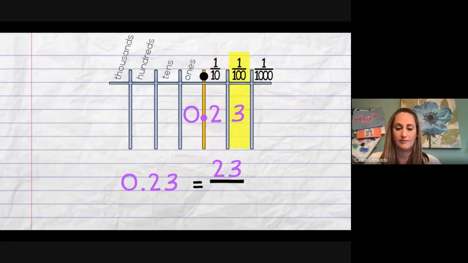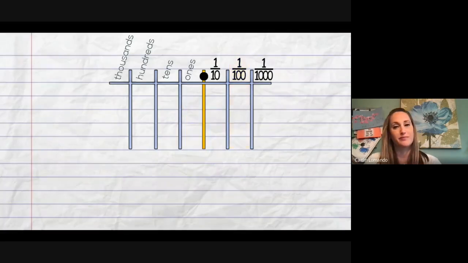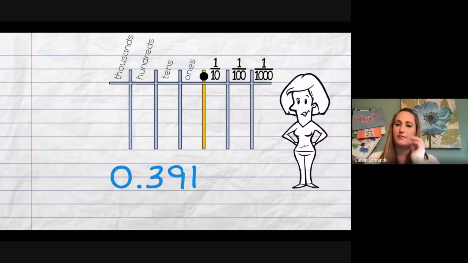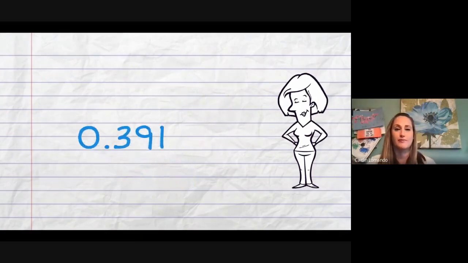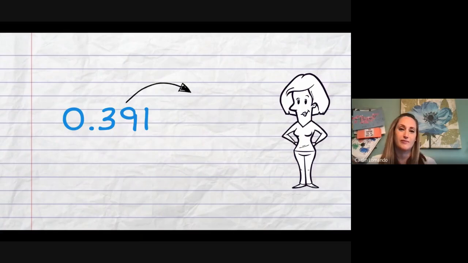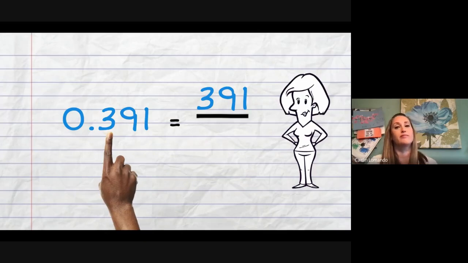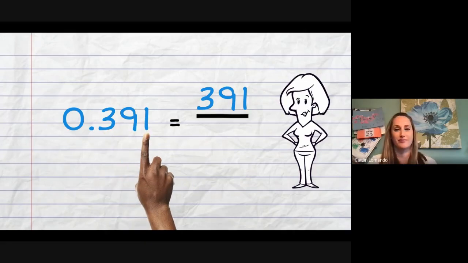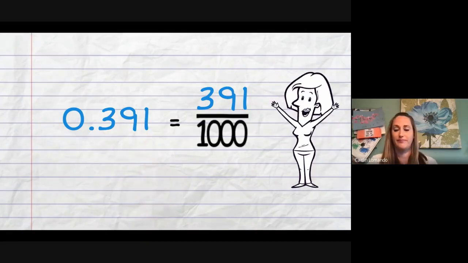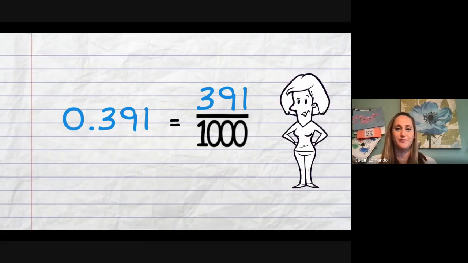Second column is hundredths. We have 23 hundredths. Here we've got 3 figures after the decimal point. We don't even really need to use a chart at all, do we? 391 is our numerator. Just name the columns to find the denominator. Tenths, hundredths, thousandths. 391 over 1000.